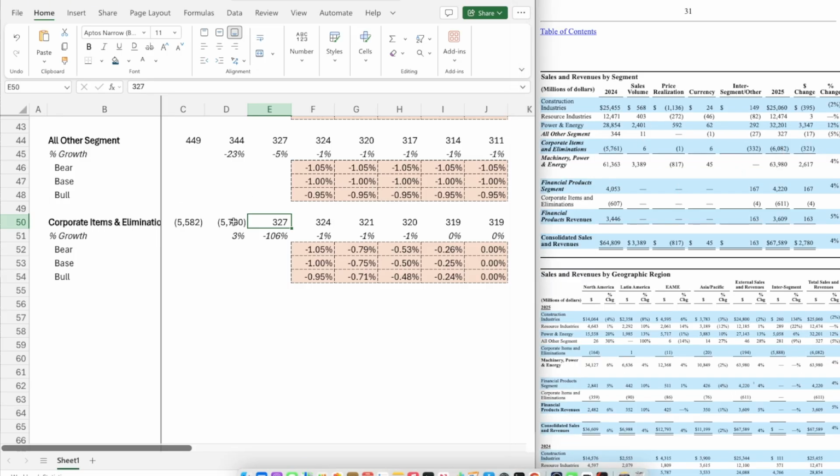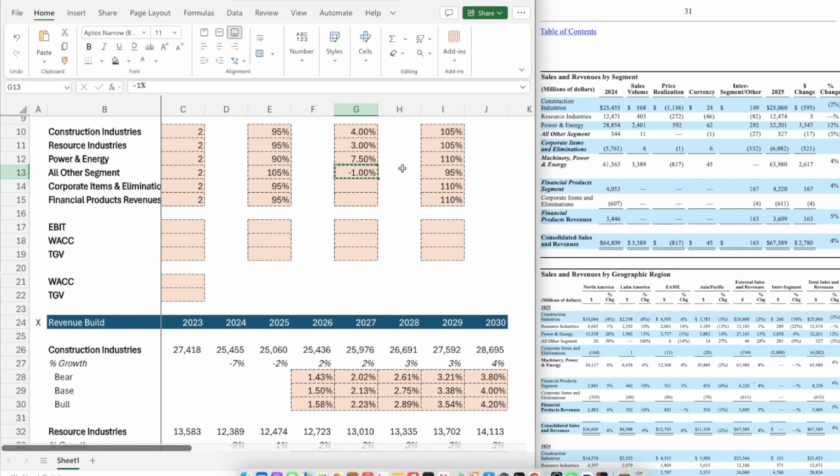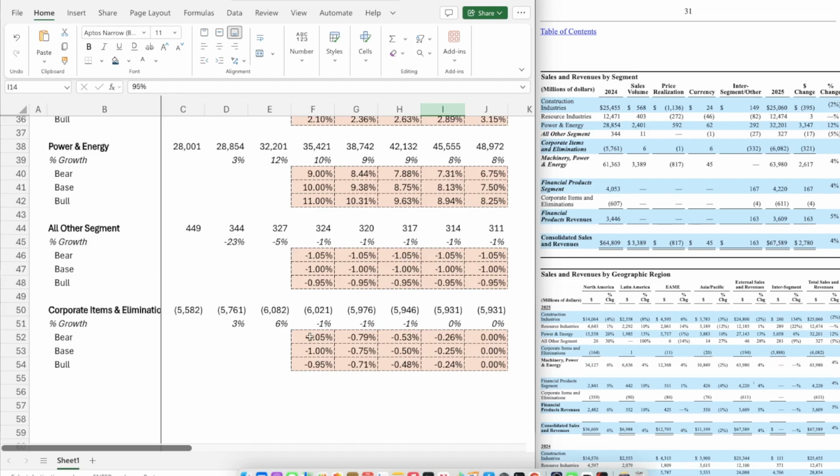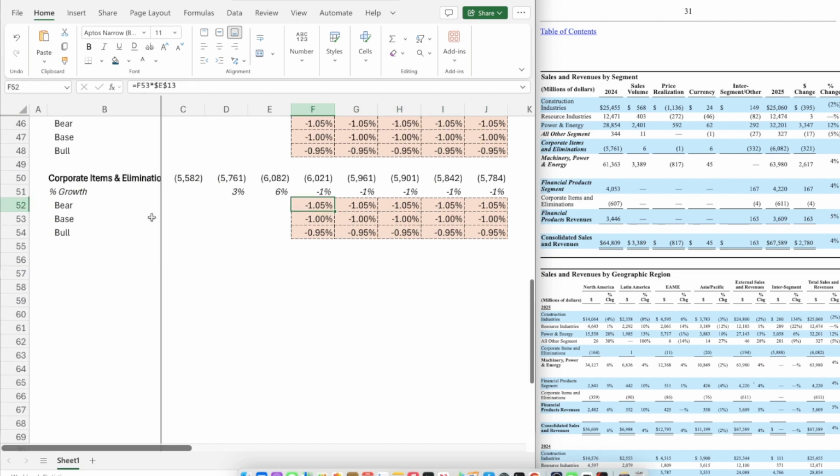Negative. Again, we'll just use this. Go.